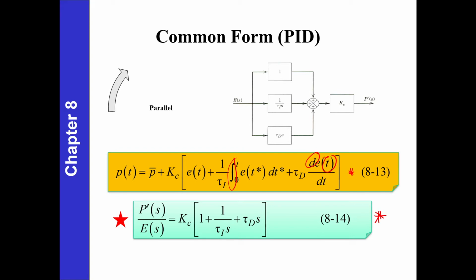Regardless of whether you memorize it or understand it, you don't have to refer to any book. You should be able to just write it. This is the most important and most common form of PID. When we do a tuning process, or previously when we talked about the direct synthesis method where you want to design the controller, this equation should come straight out of your mind.